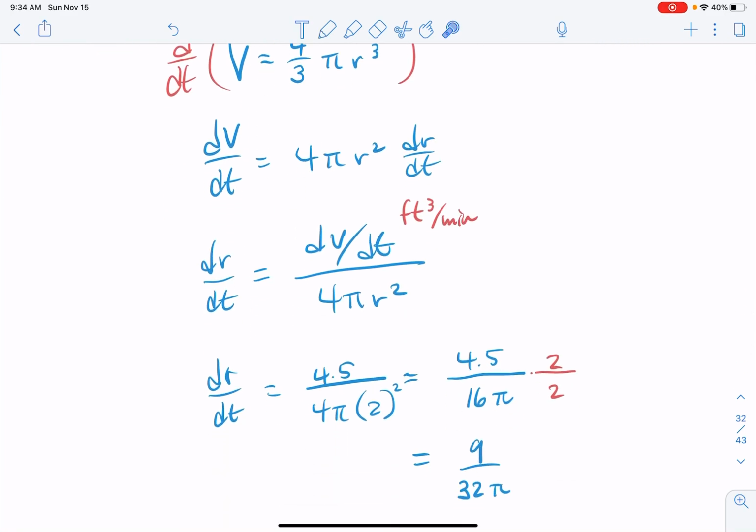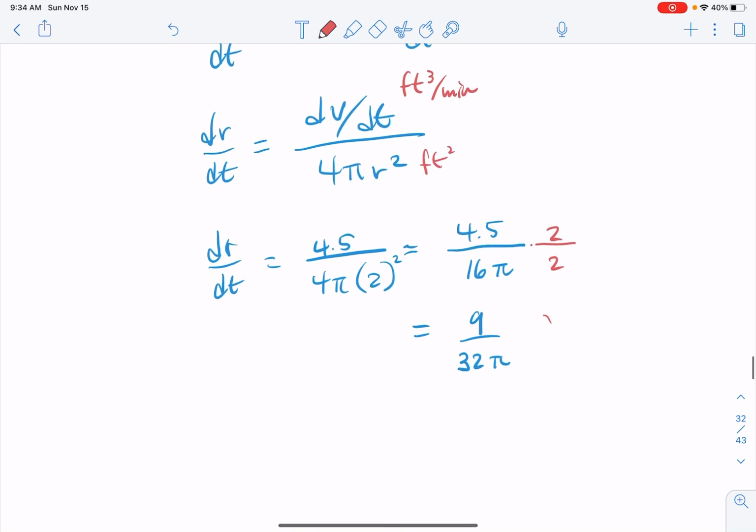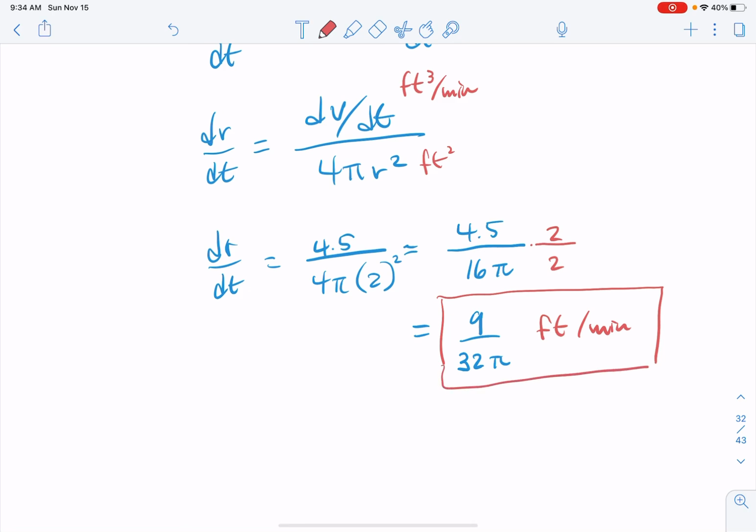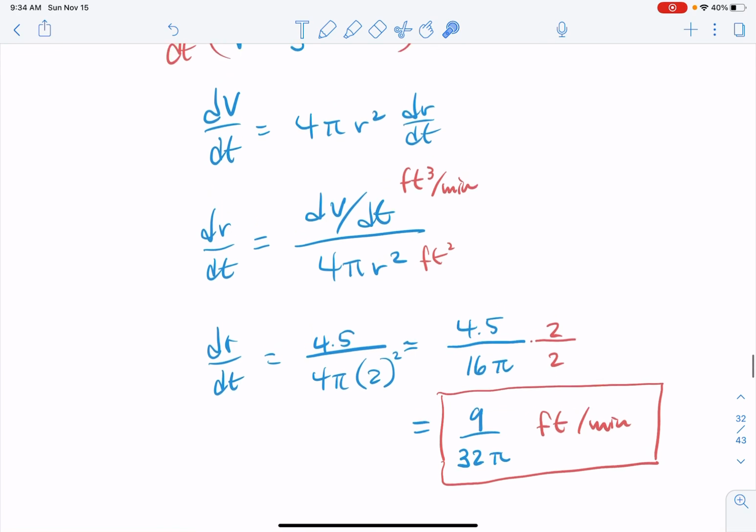And on the bottom, the only quantity that we have that's changing is the radius, and the radius is being squared, so divided by feet squared. Feet cubed divided by feet squared gives us feet. And the minute sticks around. Does it make sense? Here, let's look at this. dr/dt. Well, r is changing as measured in feet, and the time is being measured in minutes. Seems to make sense to me.